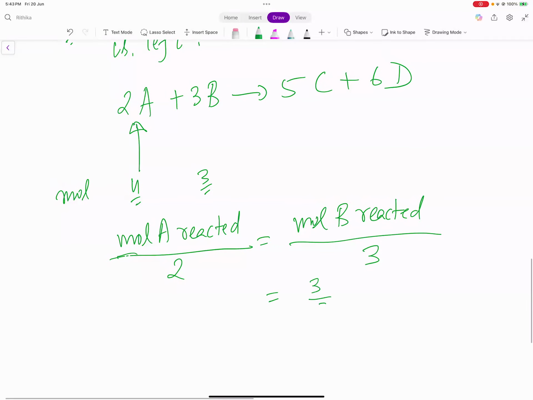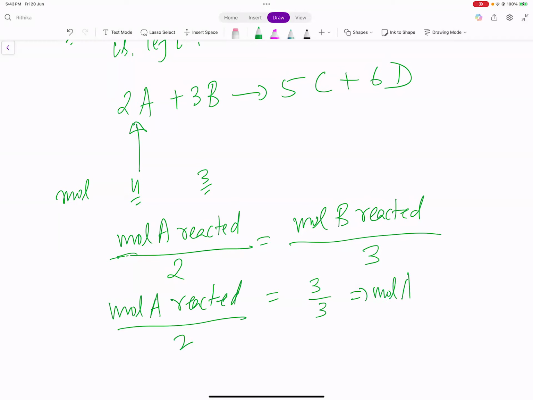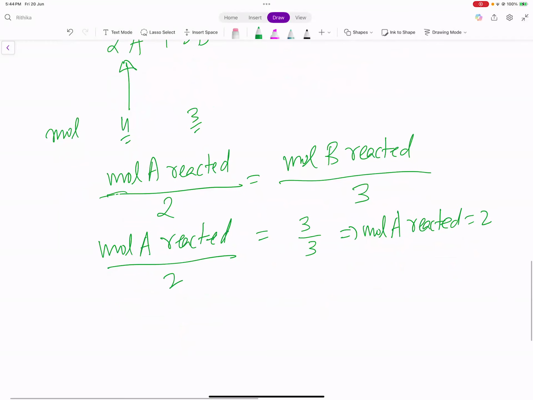So this is the value I am going to put. So mole A reacted divided by 2 equals 3 by 3, so mole A reacted is 2.